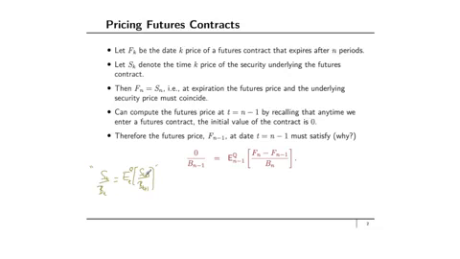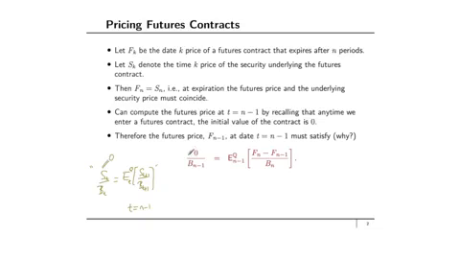So we're going to actually take t equal to n-1, and we're going to take St to be the payoff of the futures contract, or the value of the futures contract. So we know St is equal to 0 because any time you enter into a futures contract you get 0.